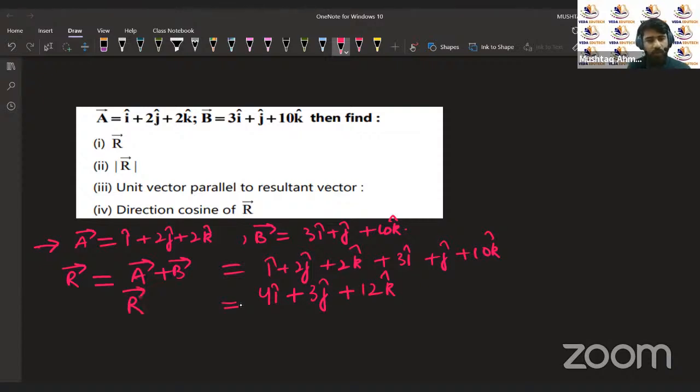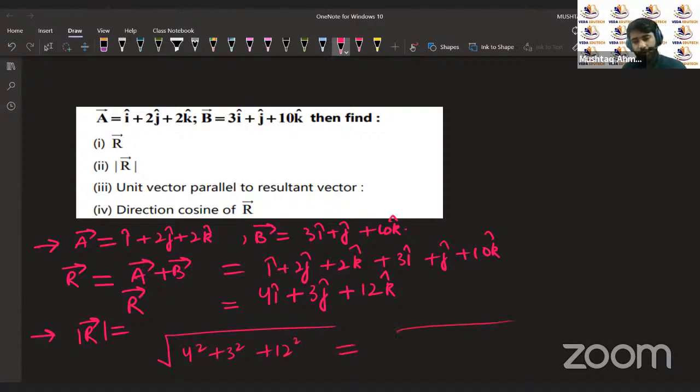And the magnitude of this vector r is going to be equal to under root of 4 square plus 3 square plus 12 square. So 12 square is 144, plus 4 square 16 plus 9, that's 25. It's under root of 169.